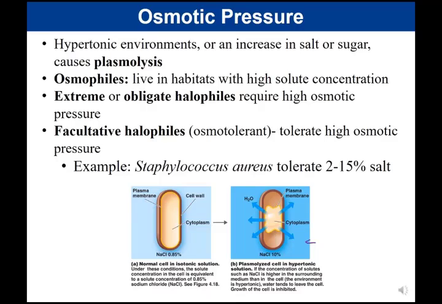And in the case of bacteria, it's going to do what's called plasmolysis. The cell membrane is going to collapse in. There's still a cell wall there, but the cell membrane will collapse in, and that will inhibit microbial growth. And so if you think about fruit, for example, canned fruit is often stored in a high sugar environment.